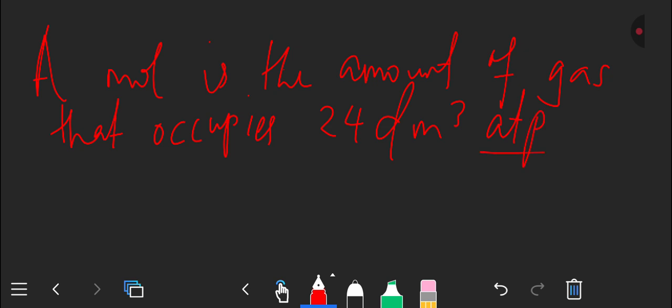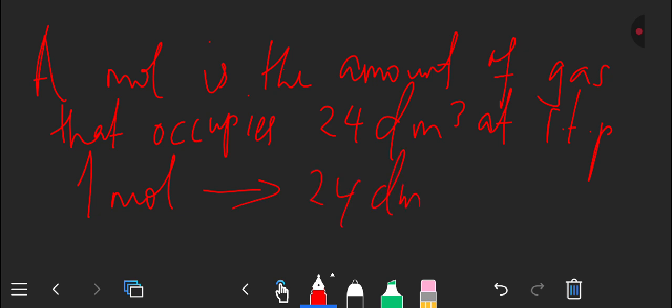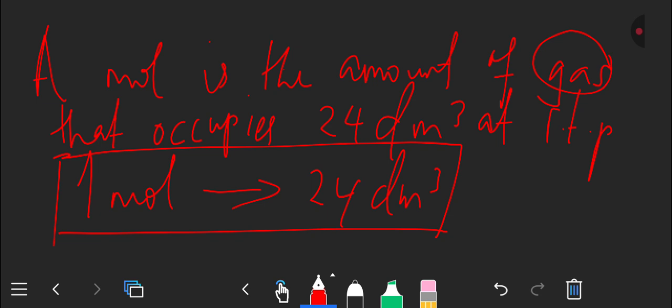The key word is room temperature and pressure. So at room temperature and pressure, 1 mole is equivalent to 24 cubic decimeter. This is very important for us to understand. This one just applies to gases.